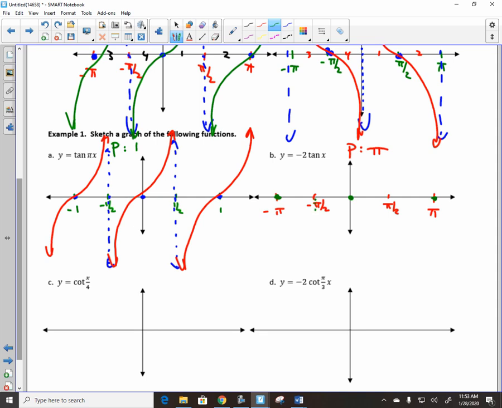Vertical asymptote, that's where it's undefined. Will this graph start down and finish up, or start up and finish down? Start up and finish down. Why? Because it's negative. That will create a vertical flip.